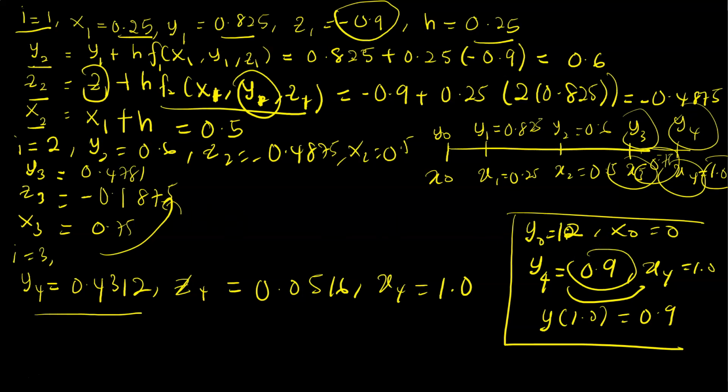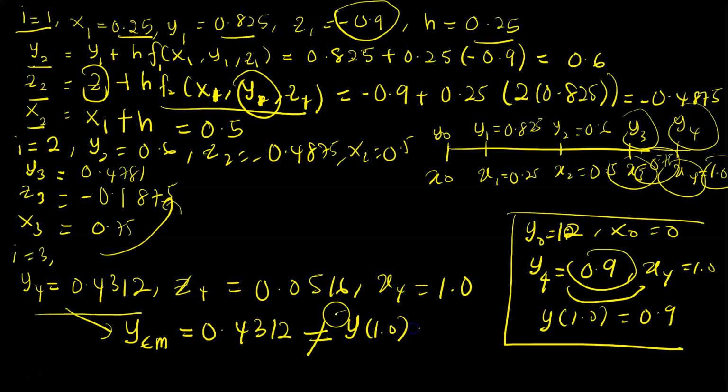But what you get here, as I mentioned in the step-by-step, is y4 from the Euler method, 0.4312, which is not equal to y at 1.0 from the question, which is 0.9.